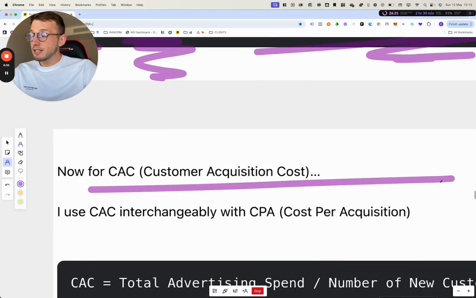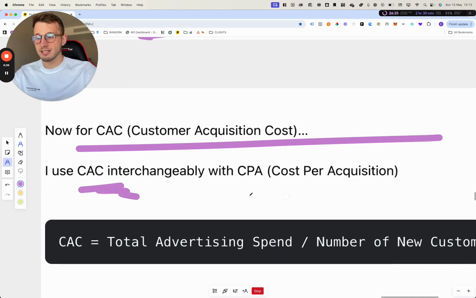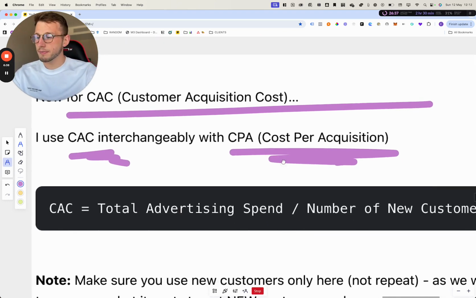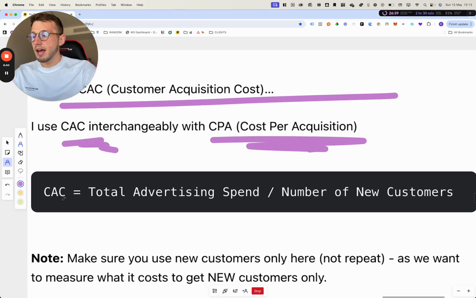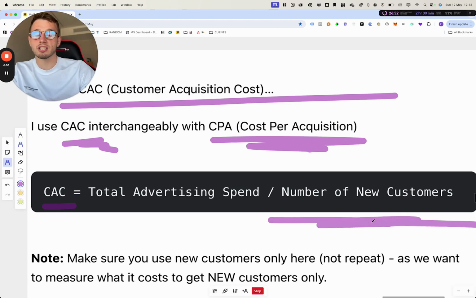Once we've got our LTV, we then need our CAC, or customer acquisition cost, and I use this interchangeably with CPA, cost per acquisition. They basically mean the same thing. And CAC, we get that by taking our total advertising spend across any and all platforms. So if you're spending on Facebook, Instagram, Google, etc., add it all up, and then we divide it by the number of new customers it generated for us in that same period.